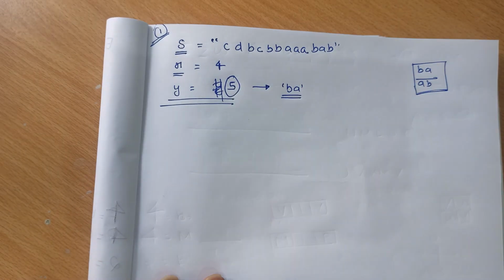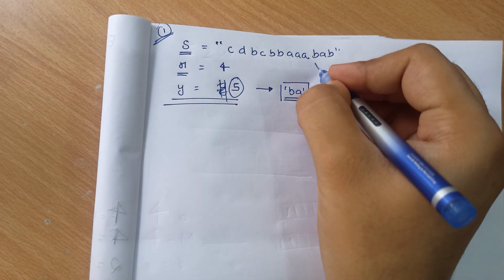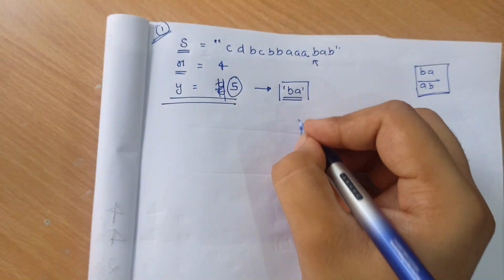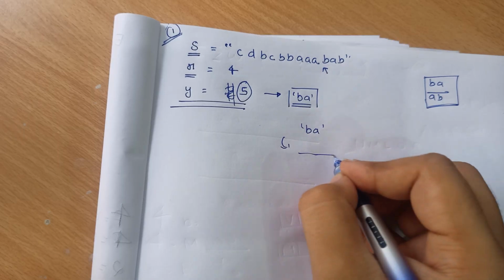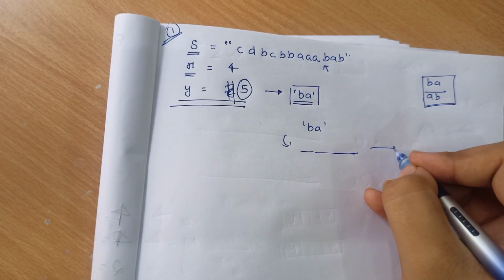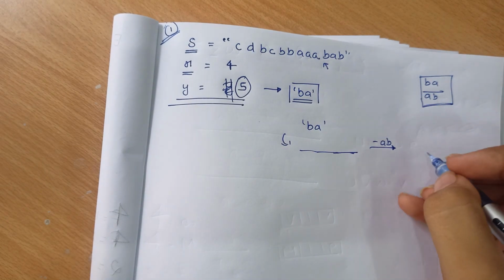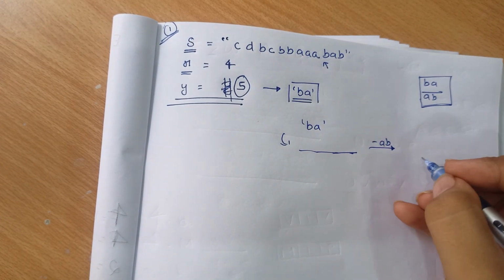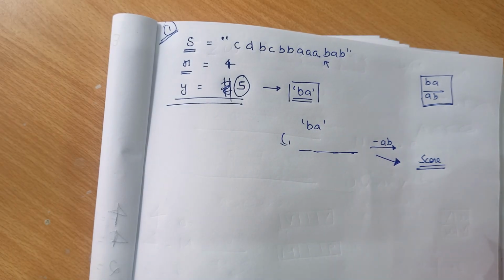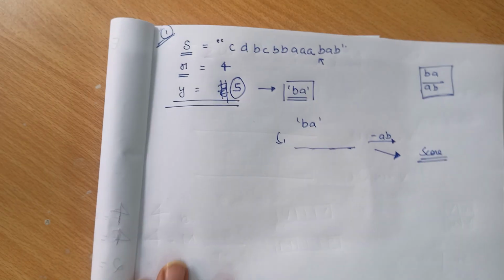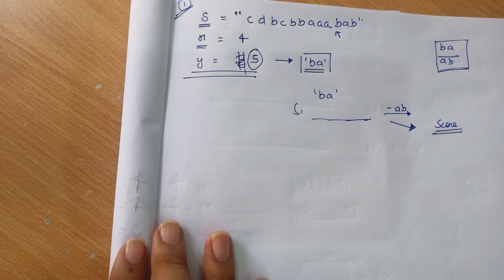So our approach is simple: we remove BA first from this string, and after removing BA completely we get a new string, and after that we remove AB also from that. Then we can calculate the overall score which we get from these operations. So let's dive into the code according to my approach.